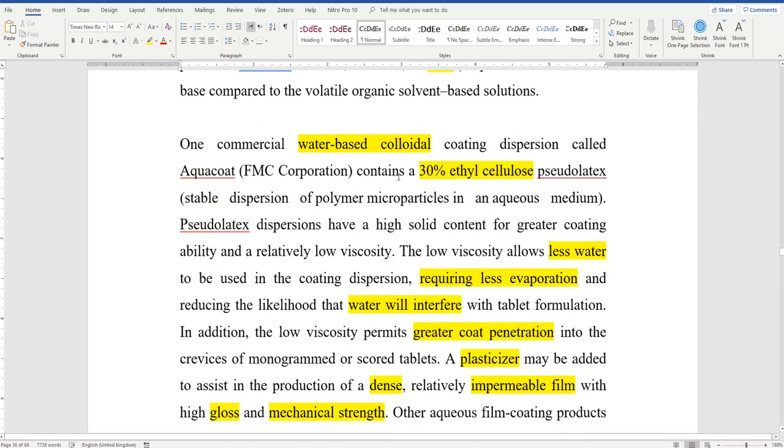One of the commercial product contains 30% ethyl cellulose as a coating material. It's a colloidal preparation. Ethyl cellulose is not water soluble, so it can actually prevent water from getting into the tablet easily.